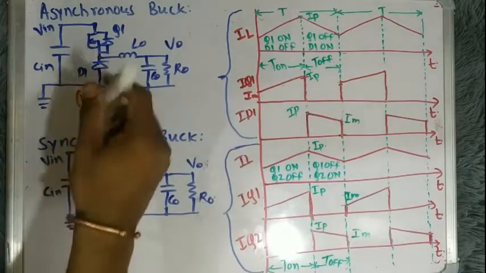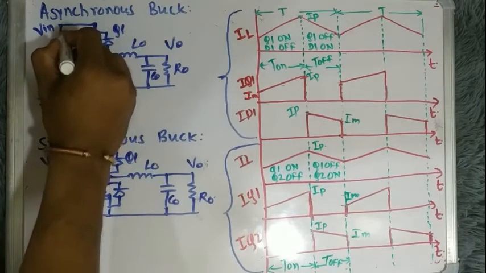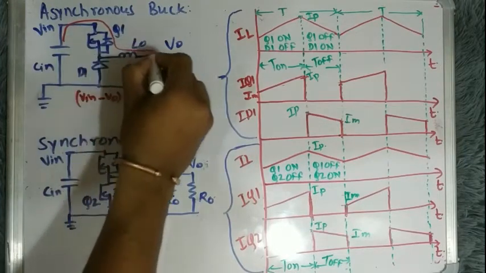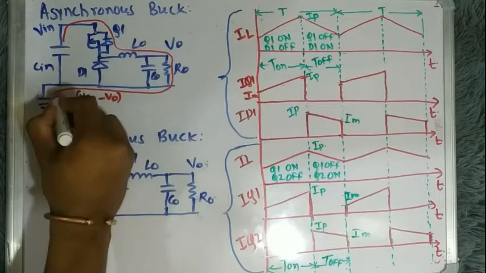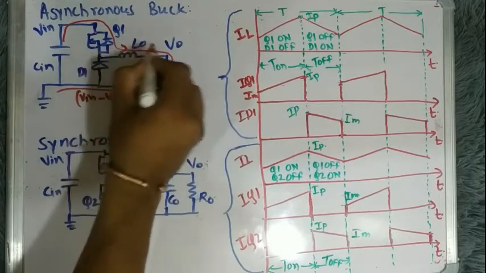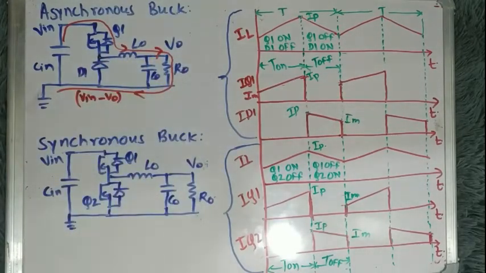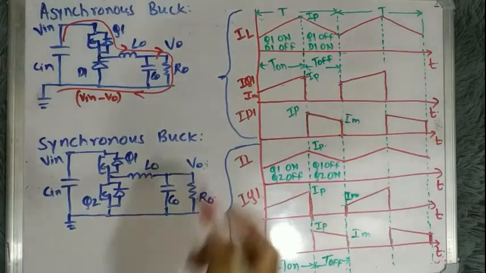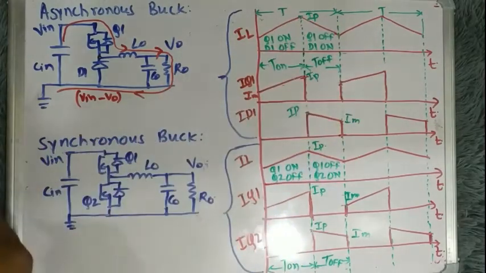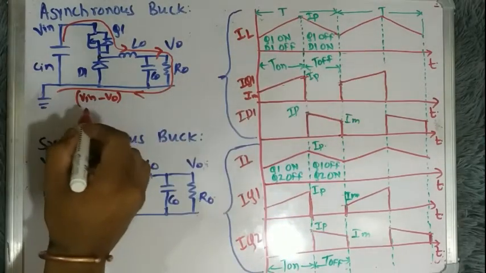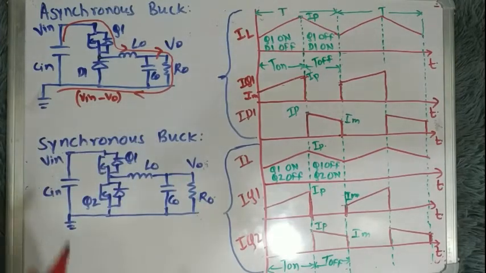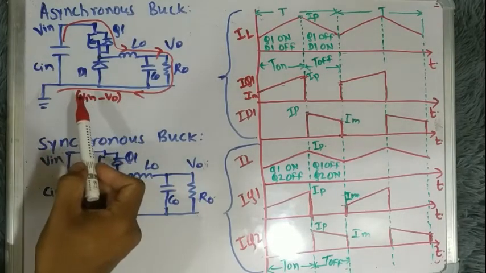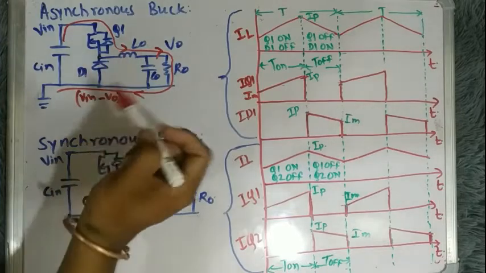We can see the current direction from Cin, then Q1, then LO, then the output load, then back to ground. This is the current direction during time Ton, and we can calculate the slope of this inductor current by the basic inductor equation. This is the voltage appearing across the inductor during time Ton.